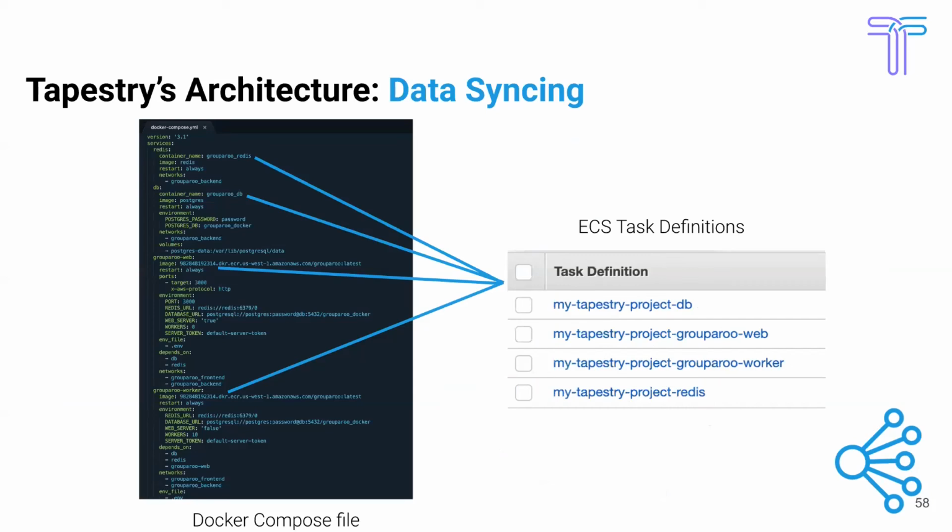With this integration, we could seamlessly use this same Docker Compose file to deploy the Grouparoo application and all its dependencies as an ECS cluster. AWS resources are created automatically based on the specifications in this file. This works because there are built-in mappings between the Docker containers defined in the file and the ECS tasks.